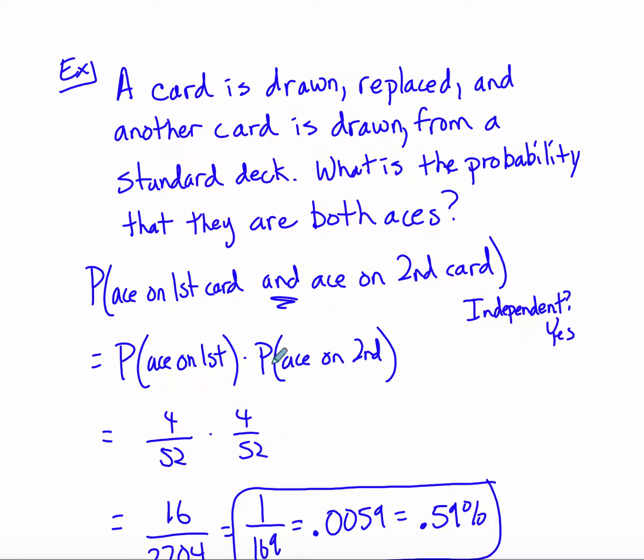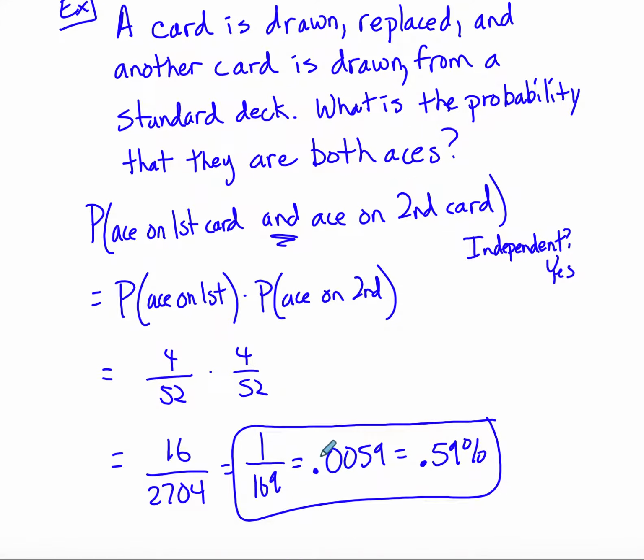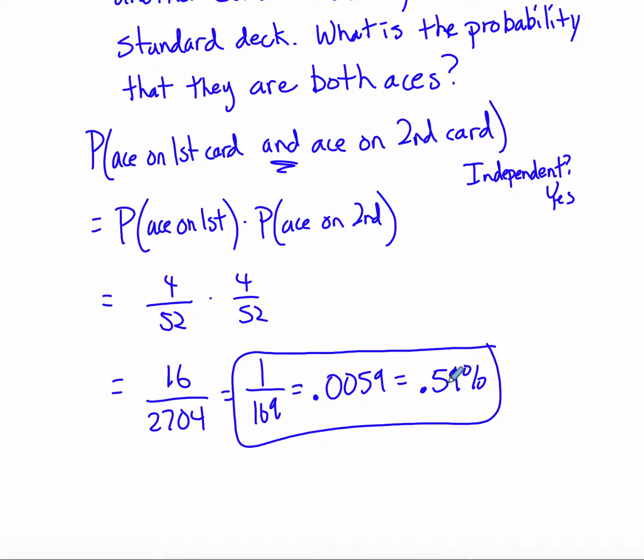So all you have to do is multiply the probability of an ace on the first times the probability of an ace on the second. There are 4 aces in a deck, so it's 4 out of 52 times 4 out of 52. Again, you can leave the answer in any one of these methods. And this is where I use this formula, in situations like this.